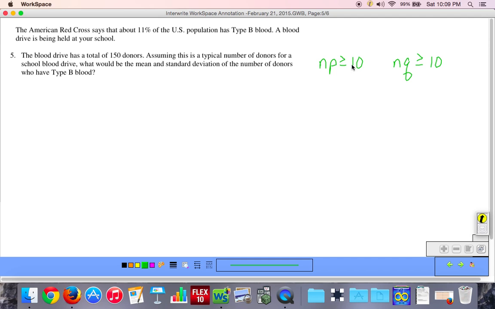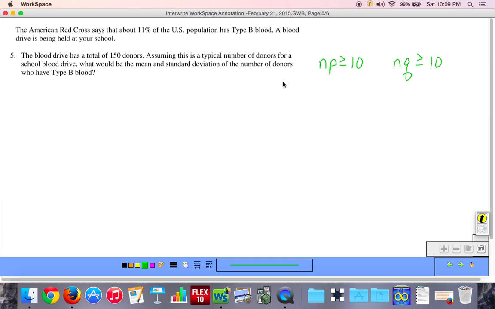That means we expect at least 10 successes and at least 10 failures. So out of the 150 donors, we expect at least 10 people to be type B blood and at least 10 people to be not type B blood. So let's check our success failure condition before we move on.